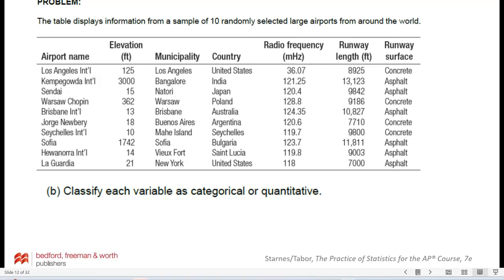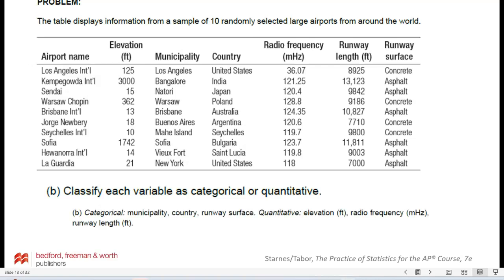So let's just go through each one. The first one, airport name, got to be categorical, right? Elevation, got to be quantitative. Those are basic. Municipality, categorical. Country, categorical. Radar frequency, I think quantitative. Runway, quantitative. And runway surface would be qualitative.